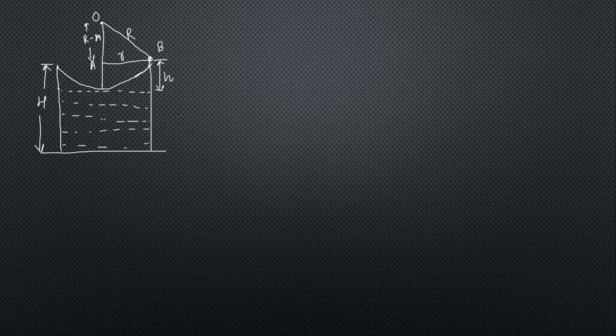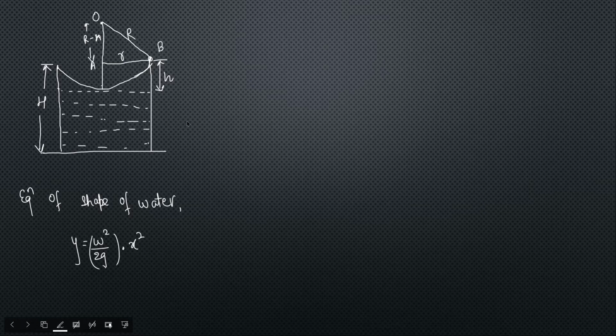First of all, we can write the equation of the shape of the water. When you study fluid mechanics, the equation of the shape of the water is a parabola, y equals omega square by 2g times x square. First, let's consider triangle OAB.